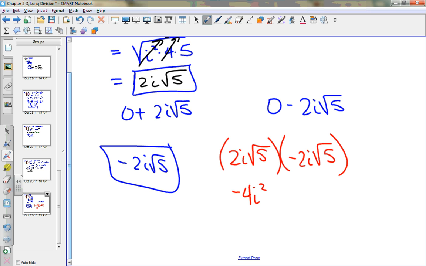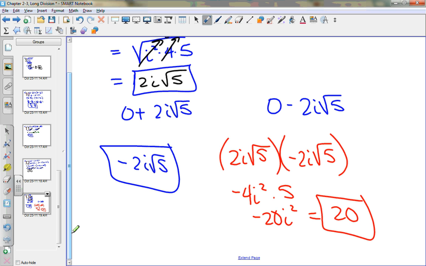And what's the square root of 5 times the square root of 5? The square root of 25, which is 5. So this is going to be negative 20i squared, which is just going to be 20. Why is it 20? Because i squared is negative 1, and negative 1 times negative 20 is positive. You can multiply the two numbers together even though it's negative 4i squared.